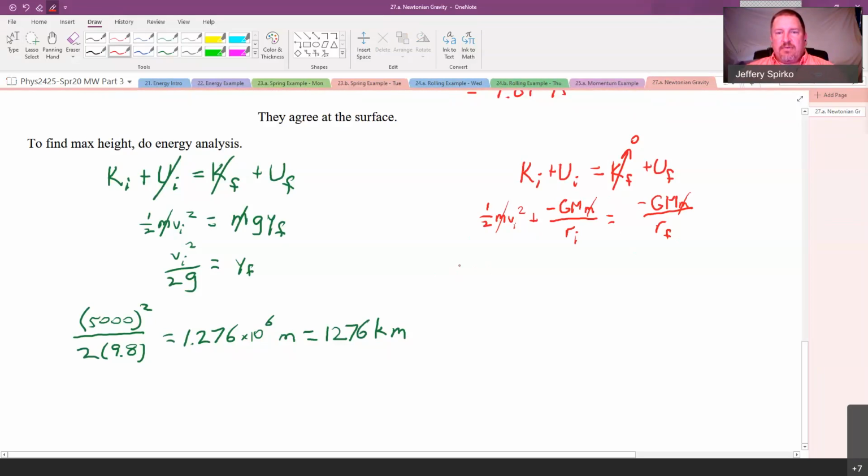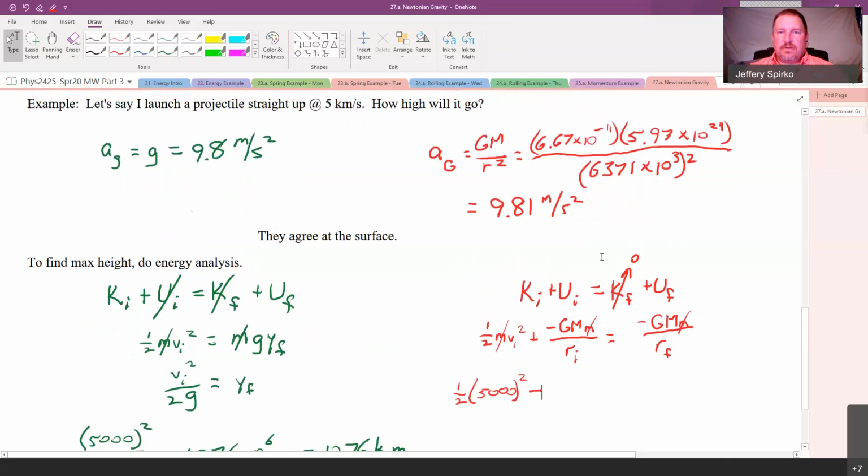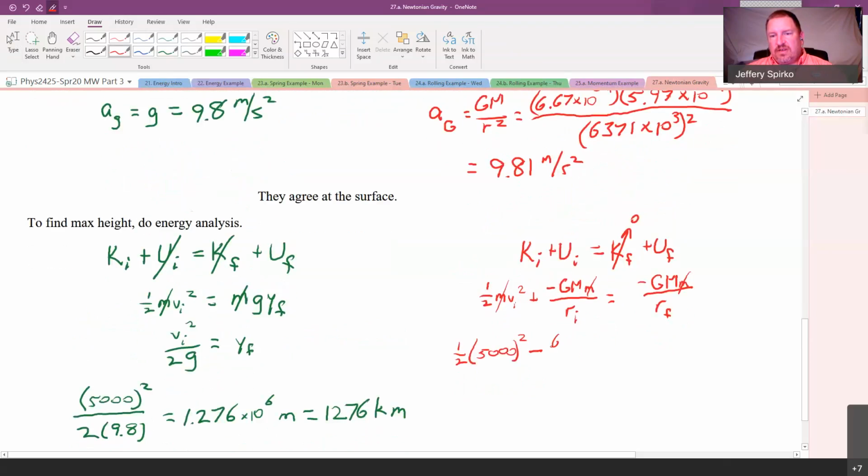So we're going to have 1/2 times 5,000 squared minus 6.67 times 10 to the minus 11th times 5.97 times 10 to the 24th over 6371 times 10 to the third equals minus GM over R final. Let's leave that like that on the right-hand side because I can't do anything about it yet anyway.